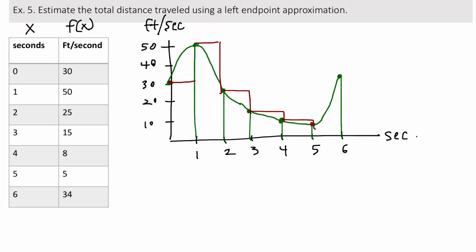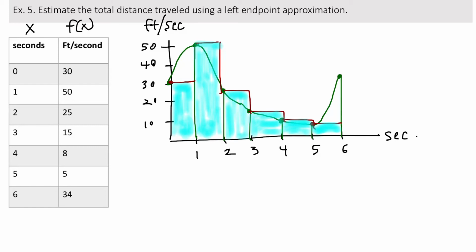So if I shade in the area that this approximation gives me, it'll look like that. There's going to be some white space here, and then some white space here. All right, so this is going to be my approximation.